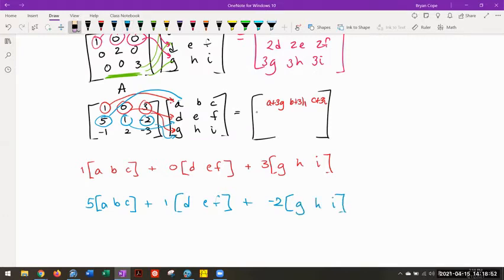To squeeze this in better, let's delete this right bracket. It would be 5A plus D minus 2G as the first element. Then 5B plus E minus 2H and 5C plus F minus 2I. Sorry, that got really extended.